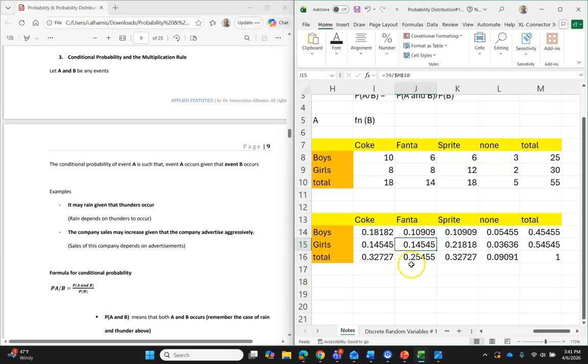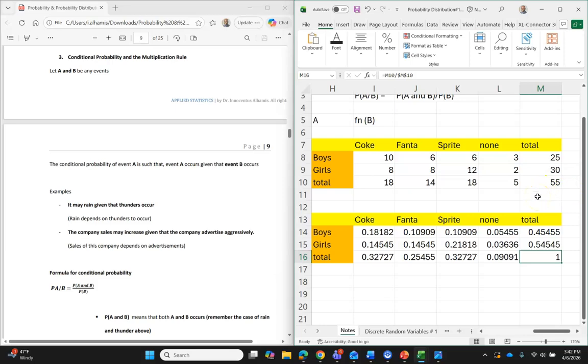And it will give us the total of 0.25455. And so the same. Now, when you add the total of Coke, Fanta, Sprite, and None, those chances are exhaustive. And so when we add them, we'll get 1. And each one of these are independent. They are exclusive. So that's how we can actually turn this into probabilities.